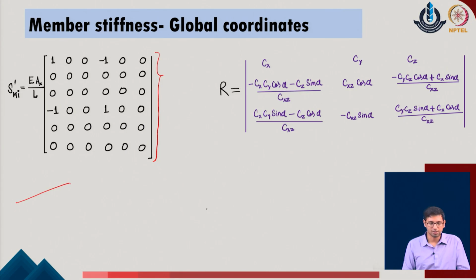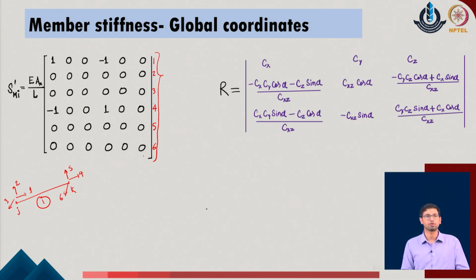If I identify this as the member i, which has two nodes, say j and k, I can locate that corresponding to these three translation directions, only along the direction of 1 and 4, I will be getting the contributions for the stiffness part, and that is what has been reflected in this relationship. For the local member coordinates in this expression, I am only going to get the contributions in row numbers 1 and 4 and column numbers 1 and 4. The values have been identified with respect to the given problem.